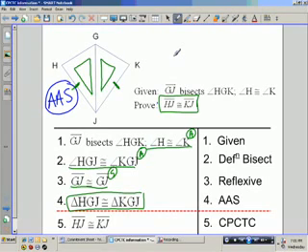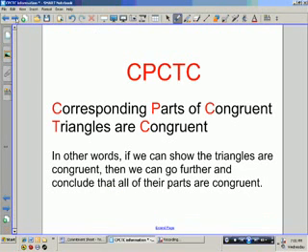Very good. Let's get on to this CPCTC idea. I'm going to go ahead and go forward a page, and please write this down word for word. CPCTC means corresponding parts of congruent triangles are congruent. In other words, if we can show the triangles are congruent, then we can go further and conclude that all their parts are congruent.